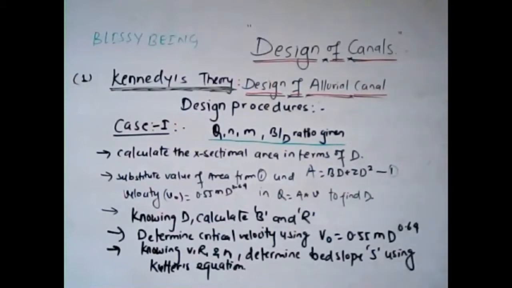After determining the critical velocity and the hydraulic radius, we can determine the bed slope of the canal using Kutter's equation V equals C root RS0, where C is Kutter's constant, which can be obtained from the above expression.